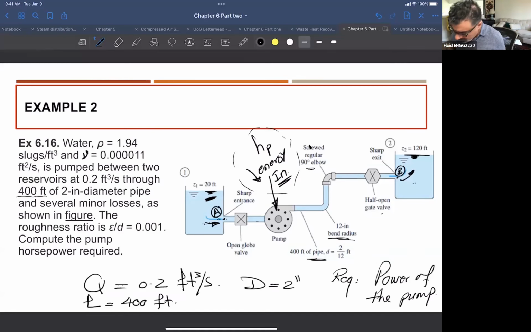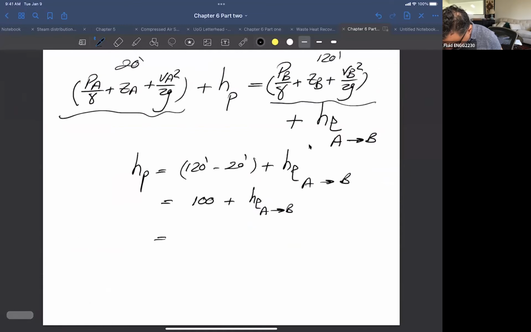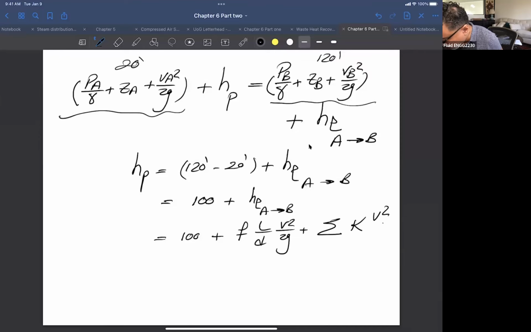Consider all of it, because they are all at the same diameter, right? Those small little pipes are all 2 inches. This pipe 2 inches, this pipe 2 inches, this pipe 2 inches. So the summation of all these losses in a straight pipe we call the friction losses, right? So in this case I have 100 plus friction loss, which is f L over D V squared over 2g plus summation of K V squared over 2g.